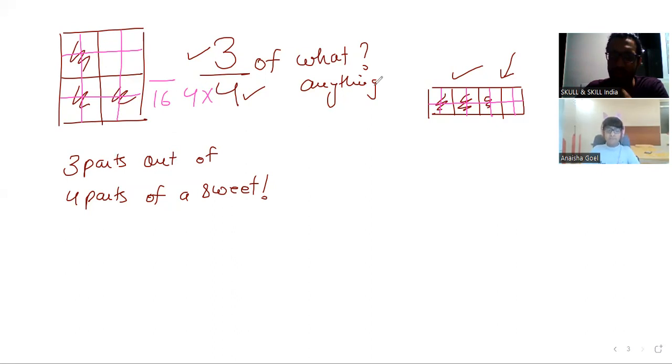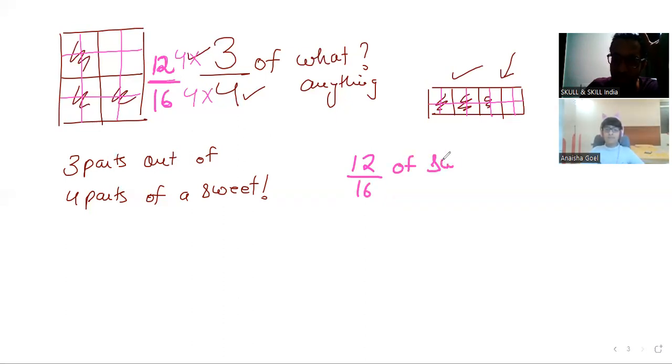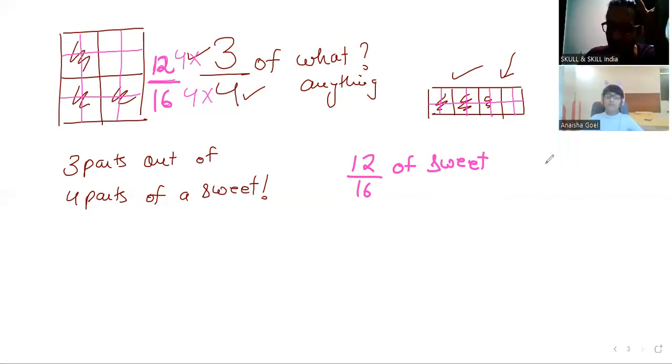12. Well, so are you saying जो पहले consider किए गए थे, वो भी 4 times हो गए हैं? Yes. So are you gonna say that 12 parts out of 16 parts of this sweet is not same as 3 parts out of 4 parts of this sweet quantity?